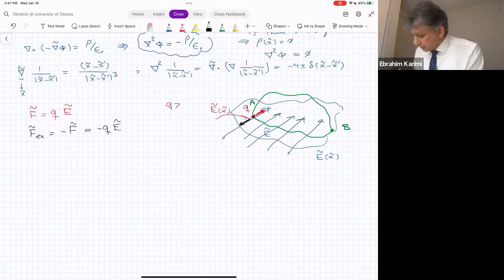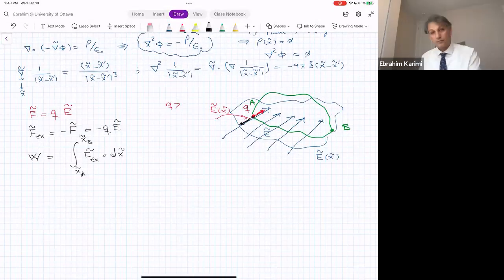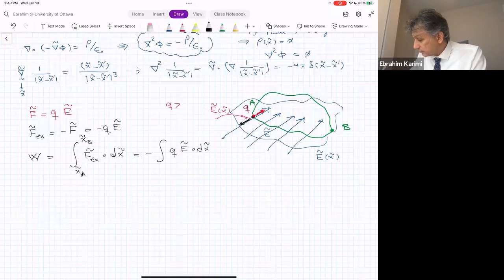So the work that I apply will be equal to the integral of F external dot dx, moving from position A to position B. That force is equal to minus the integral of Q times the electric field dot dx from xA to xB.